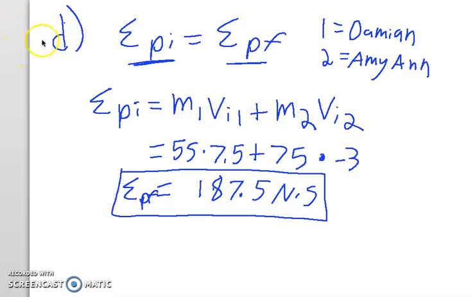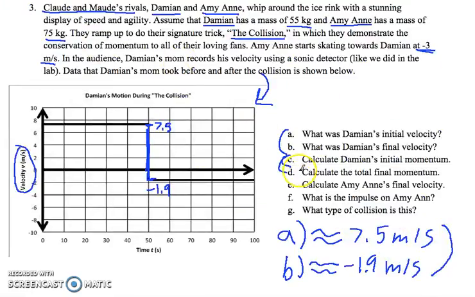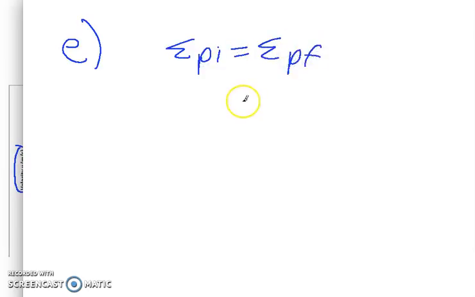The next one would be E. Calculate Amy Ann's final velocity. To do this, we're going to again have to look at the total initial and final momentum. We just calculated total initial momentum in the last problem, and we found that to be 187.5 newton seconds.